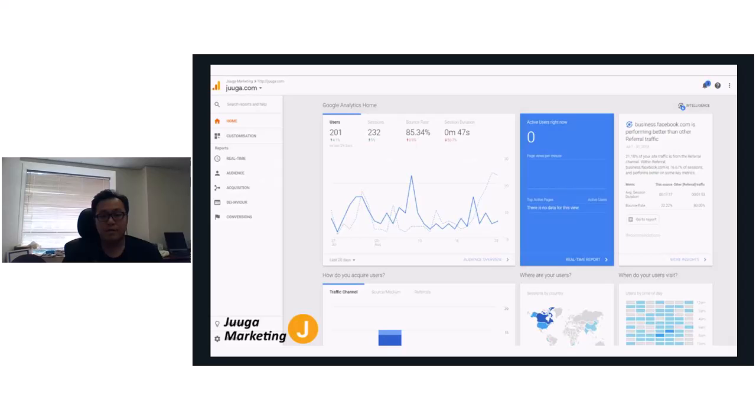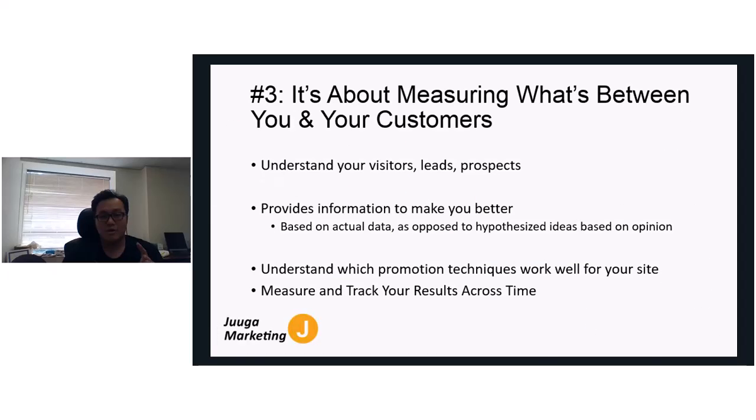And that's all good, and it seems very great that you need to know about you, but need to know about your customer, right? And it's very confusing sometimes. But don't forget one thing: Google Analytics is about measuring what's between you and your customers. So it's a tool that lets you understand your visitors, your leads, your prospects, and also helps you to provide the information to make you and your website look better.